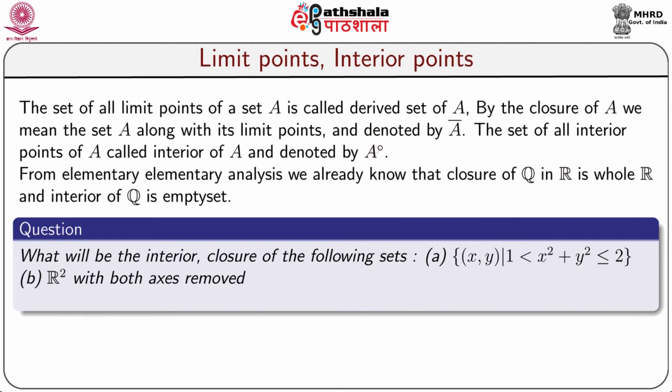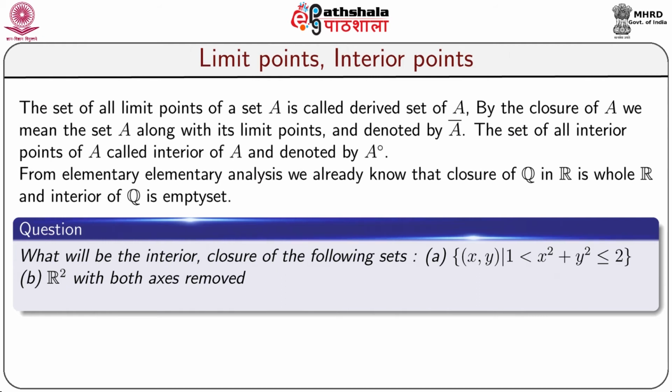So, what will be the closure of Q in the usual topology of R? Closure of Q will be whole R, and interior of Q will be the empty set in the usual topology of R. Let us put a question. What will be the interior and closure of the following sets? First one is all (x,y) such that 1 is less than x squared plus y squared, less than or equal to 2. That means it is an annular region. The outside boundary is included in this annular region, but the inside boundary is not.